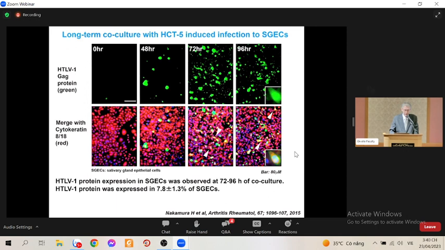This slide shows long-term co-culture of SGECs with HCT5 that shows infection to the SGECs derived from SS patients. The green signal shows HTLV1 gag proteins, and the red signal shows cytokeratin signal for the SGECs. And after 70 hours, we can see the yellow merged signals as an infection and integration to the SGECs.